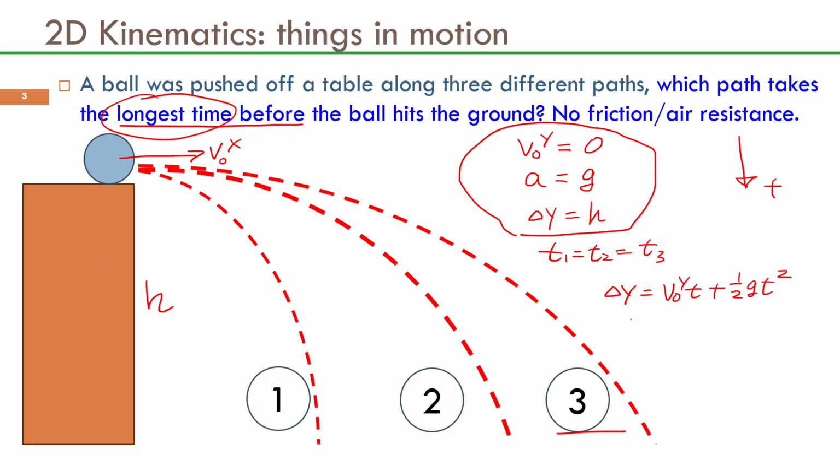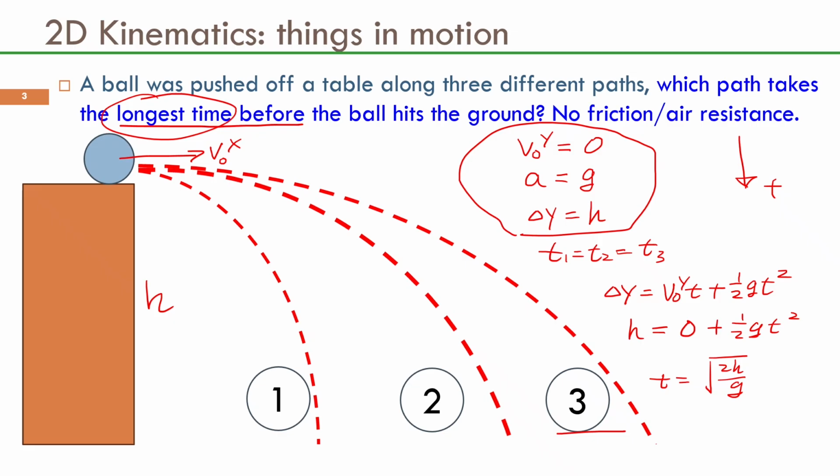My displacement is h, my initial velocity is 0, and I only have half g t squared on the right side. So if I simplify this equation, t equals the root of 2h over g. In other words, the time is basically determined by the height. And this is a very important relationship between the time and the height. You can memorize this if you want.